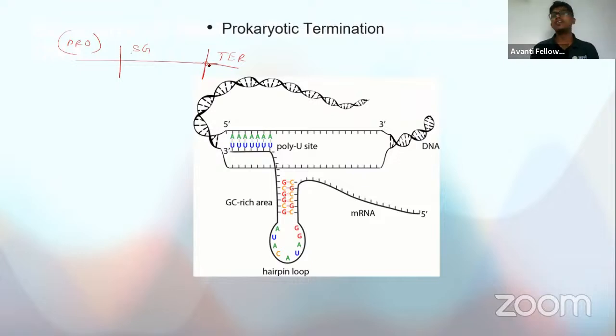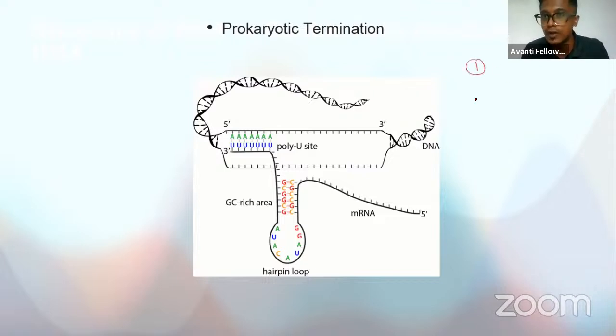So once it has ended, there is no point of your transcriptional machinery. What is your transcriptional machinery? Your RNA polymerase, to move further than the structural gene. So to stop it, there is a mechanism called termination. What is termination? The end of transcription. So how is this termination sequence designed? The termination machinery is designed into two different types.